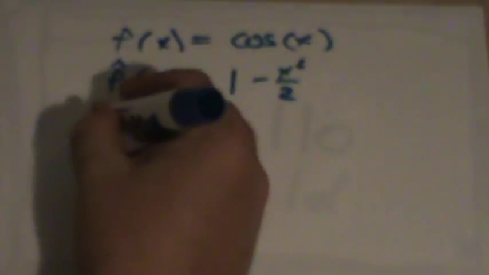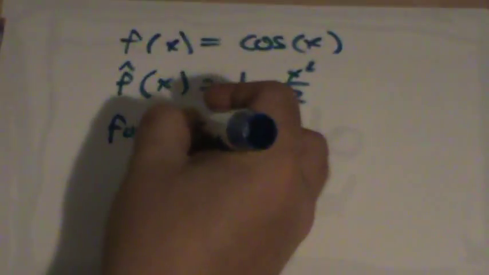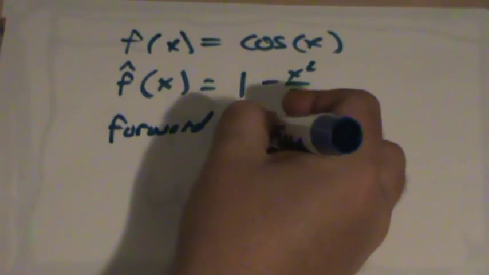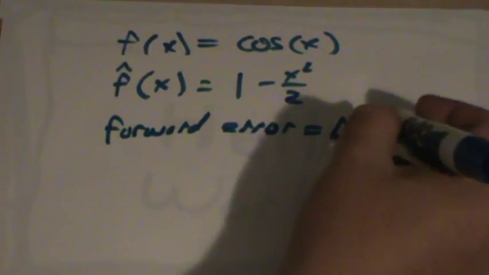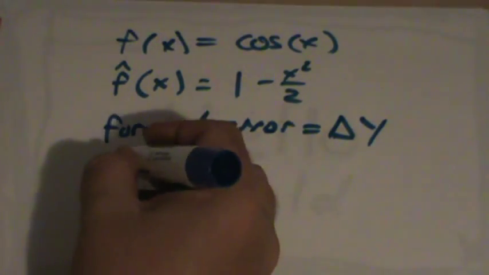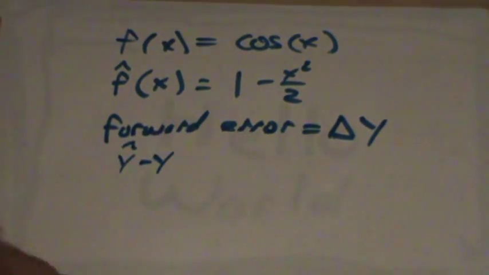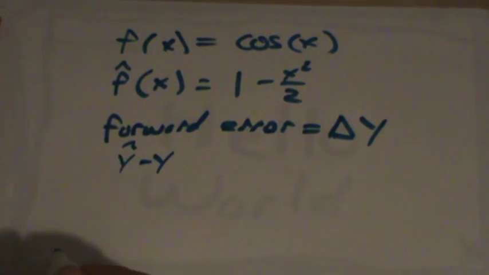So first we want to consider what the forward error is. In order to do forward error, I have to be able to look at what's going on here. The forward error is the error in the outputs. So that's the change in y values, and the change of y values is y hat minus y. What your estimate is minus your original.